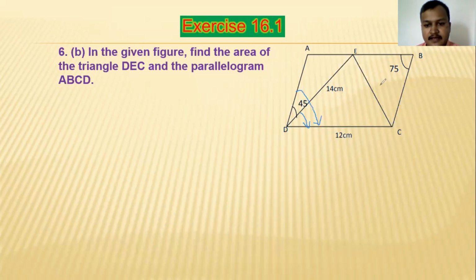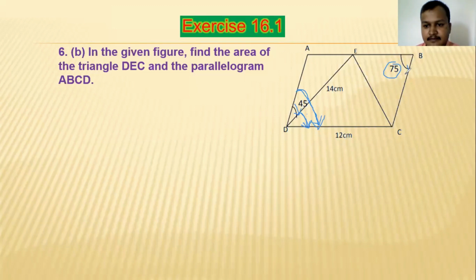So this whole angle is 75 degrees. Angle B is 75, so angle D, the whole angle D, is also 75. And out of this 75, there is 45 degrees. Taking away 45, the remaining will be 30 degrees.